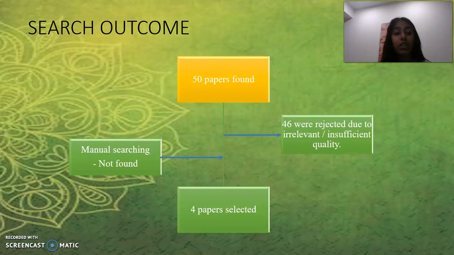Okay, so the search outcome: 50 papers were found, and 46 were rejected due to irrelevant or insufficient quality. Manual searching found none, and out of 50 papers, 4 papers were selected.